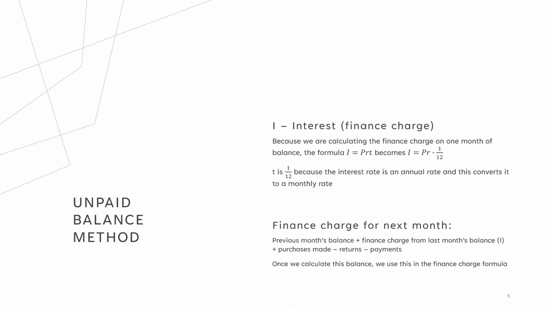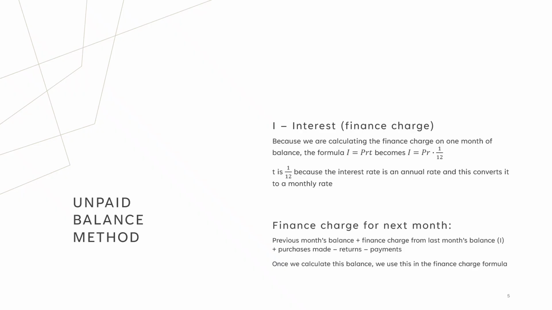What is important to remember here is that because we are calculating the finance charge for only 1 month, remember T is always in years, and there are 12 months in every year, so 1 month would be 1/12 of the year.